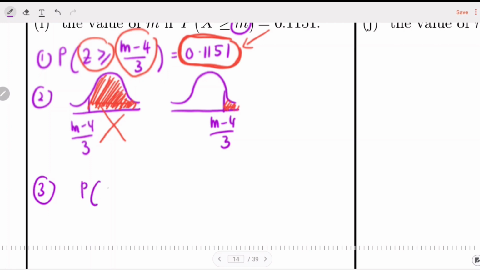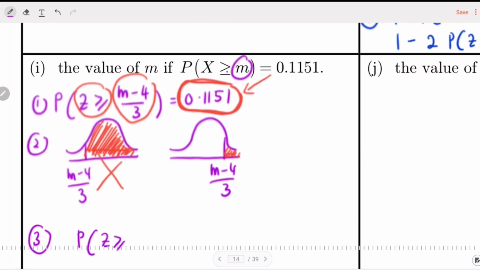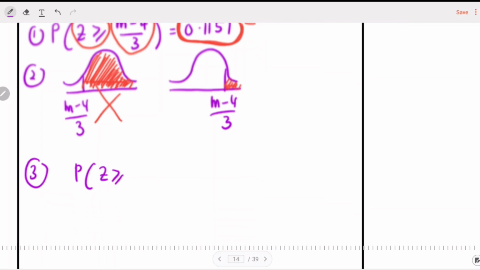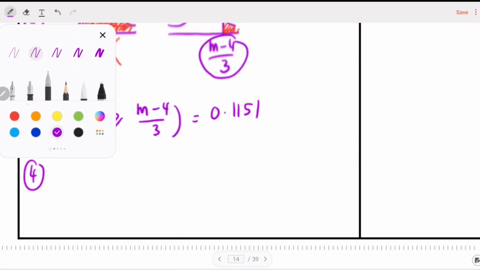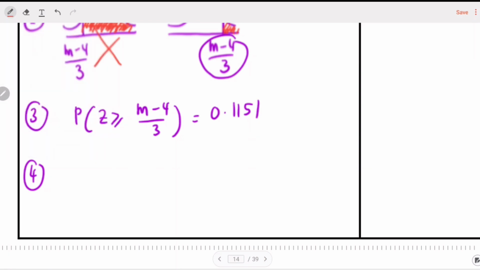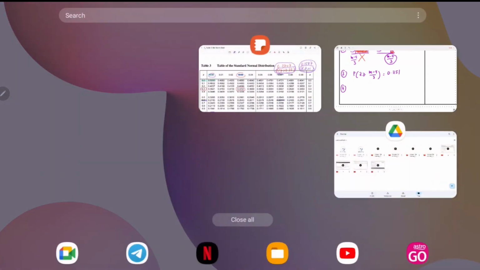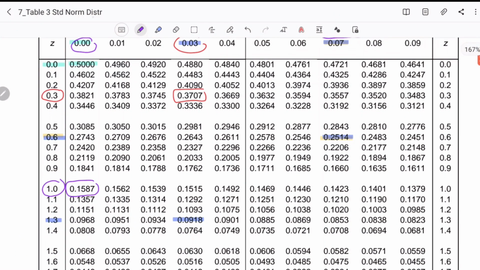Just simply take Z greater than or equal, since we have equal in the question, and take the value here, m minus 4 divided by 3, which will give us the probability of 0.1151. Then the last step is to look at the standard normal table to find the value of Z that gives the probability of 0.1151.